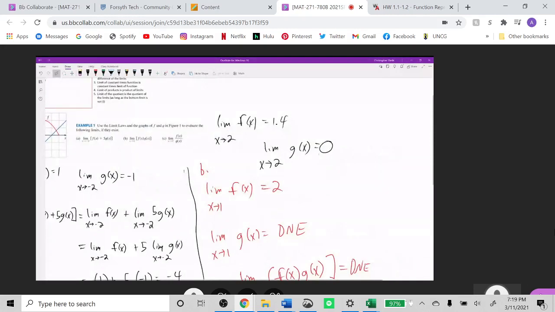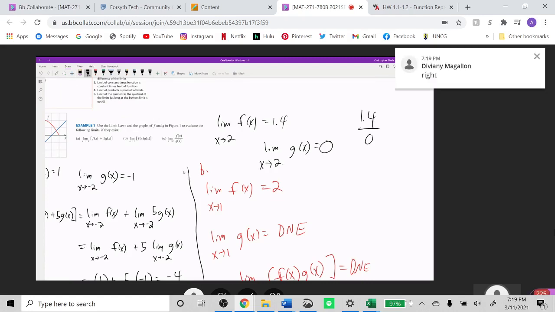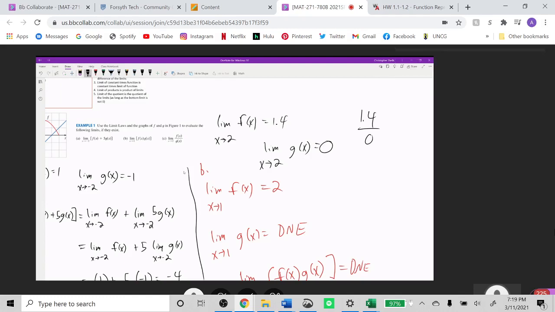So from my limit laws, this limit is equal to the quotient of the individual limits, right? But that would be 1.4 divided by 0. And remember, this explicitly says as long as the limit of g of x as x approaches a is not 0.